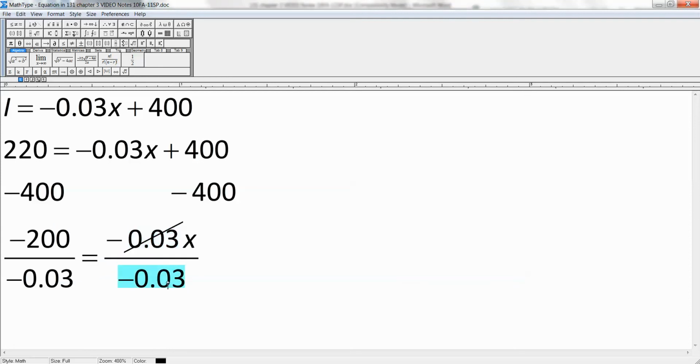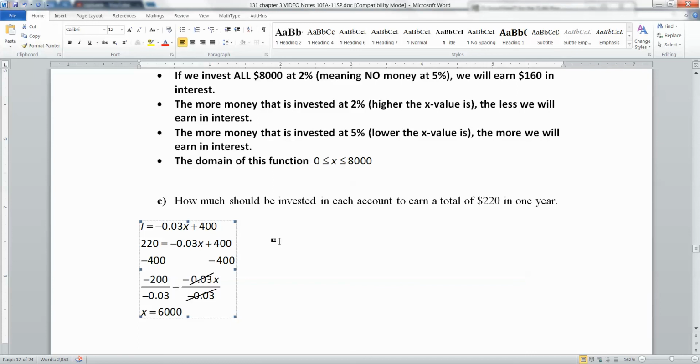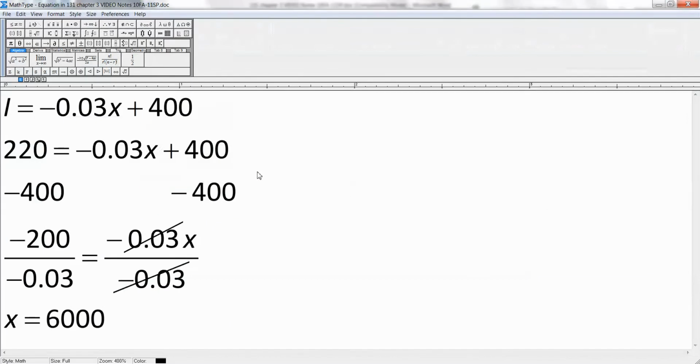All gone. And that leaves you with x is, and again, this one worked out beautifully. They will not always, but it should be 6,000. Okay. So it's not quite answering the question just because we should give it units. So we should say x is $6,000.